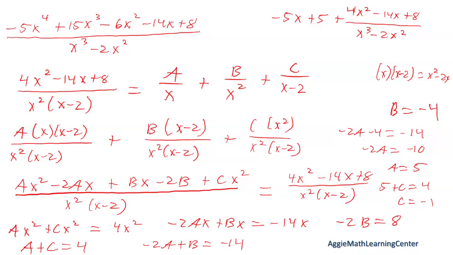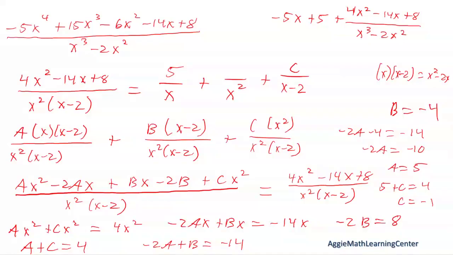So then to finish it all off, what you do is you take those values and plug them back into your original one. And so this A up here, A was 5, so you'd end up with a 5 over x. Your B was -4, so you'd end up with a -4 over x squared.